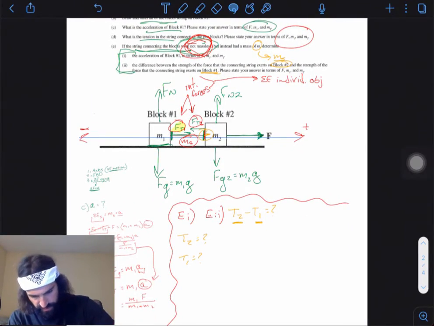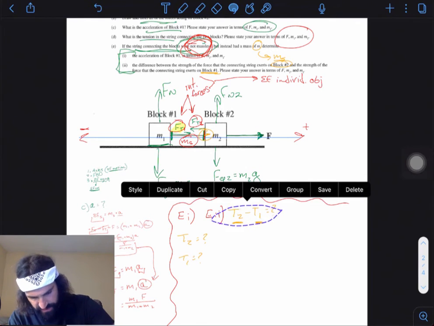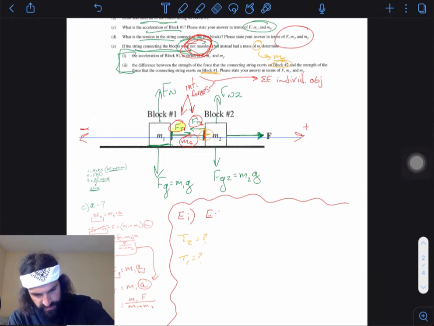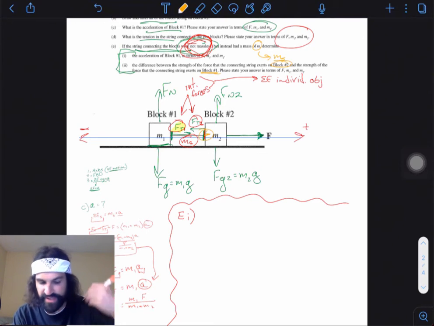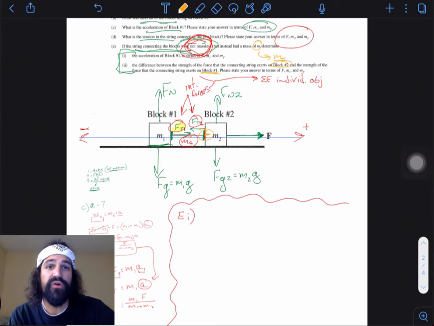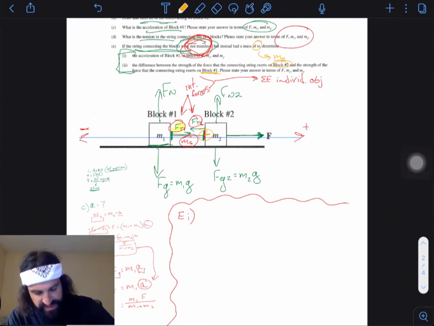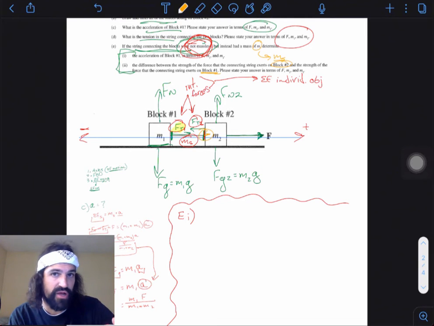So let's get working on that. Delete that. And I kind of jumped the gun and went into 2 before doing 1. That was a mistake. I lost where I was in my head. But for part 1, they just want us to find the acceleration of block 1.